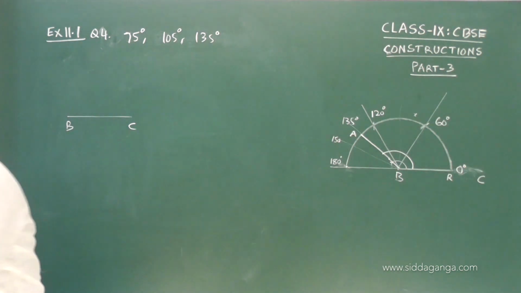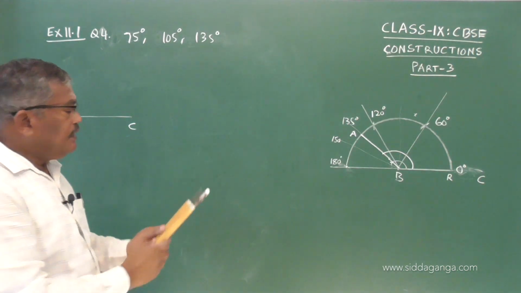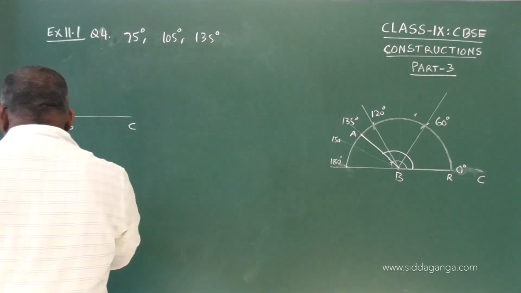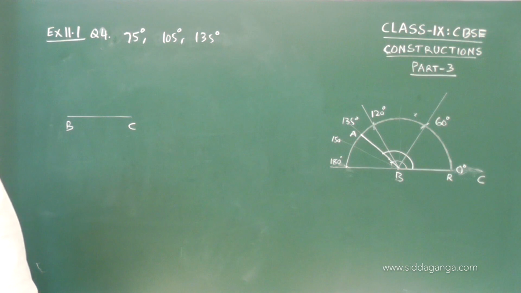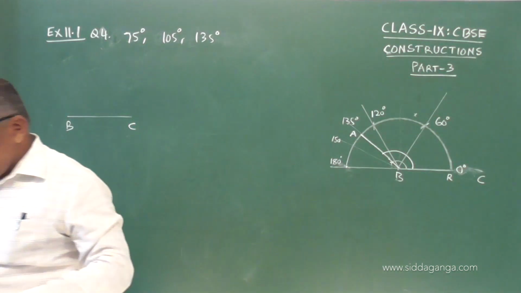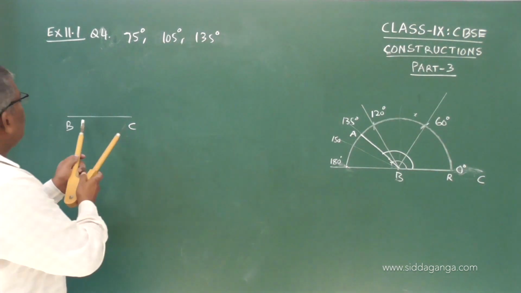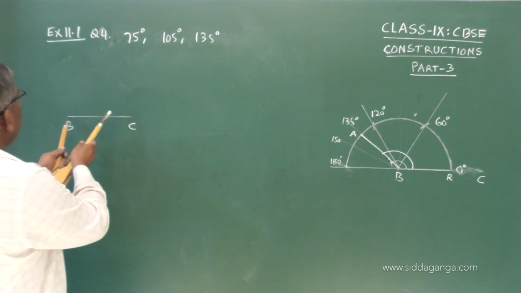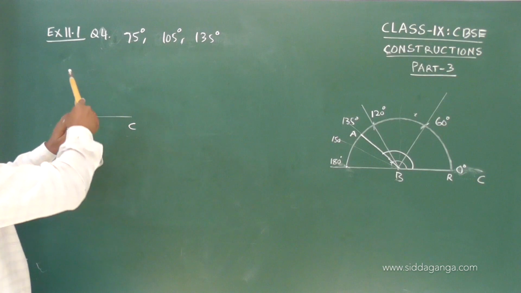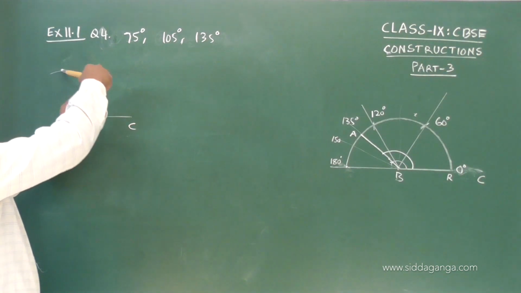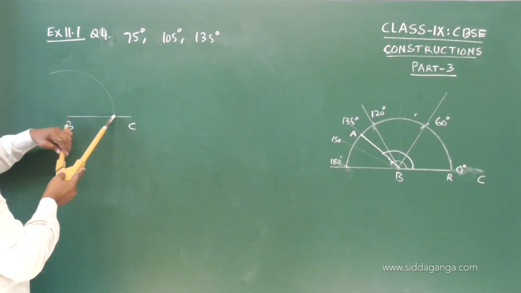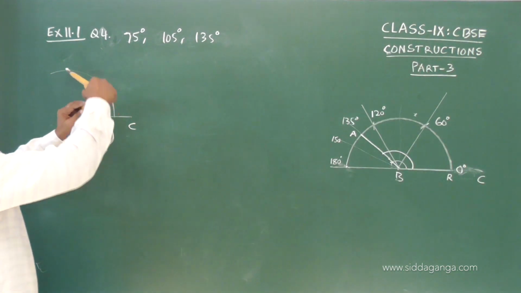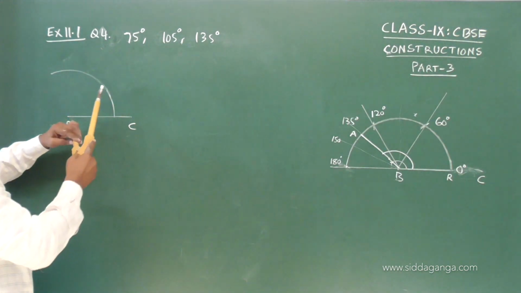Now with more than half of BC radius, first thing is we have to construct an arc.